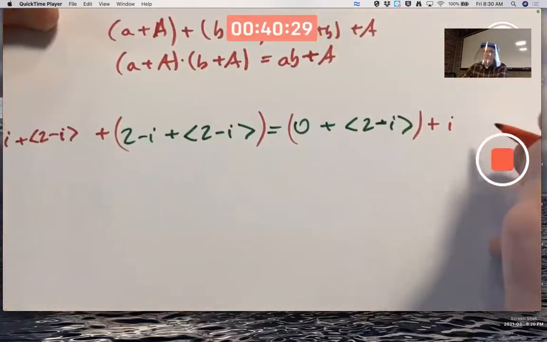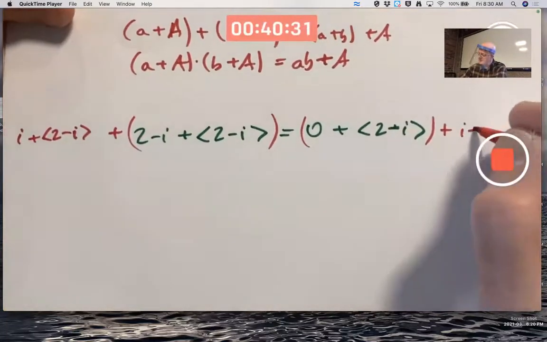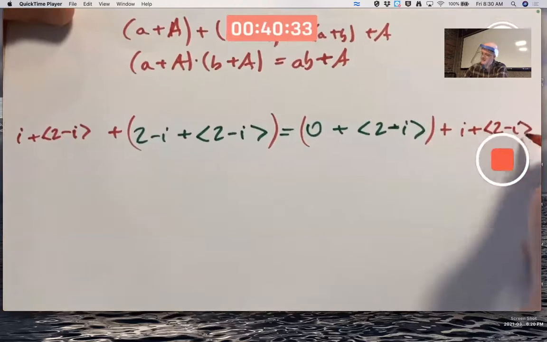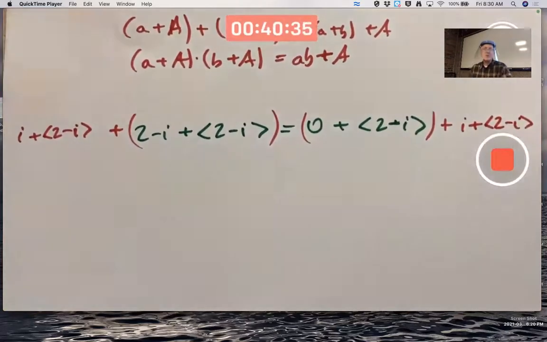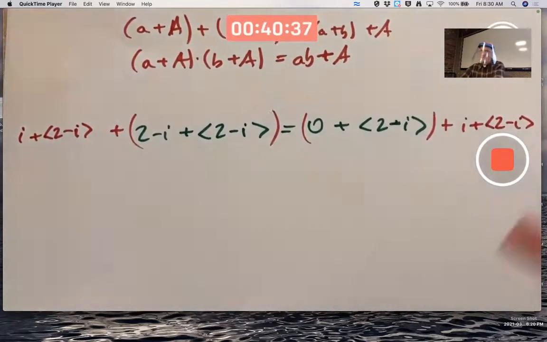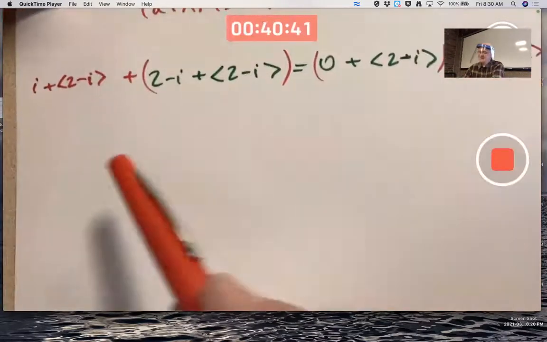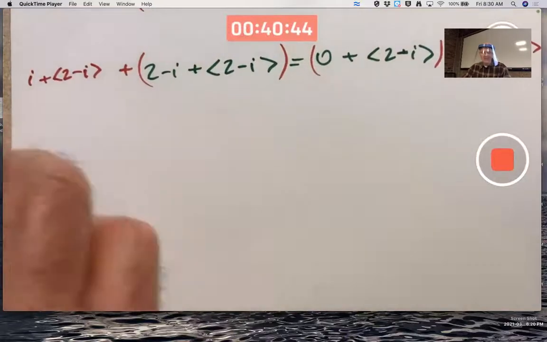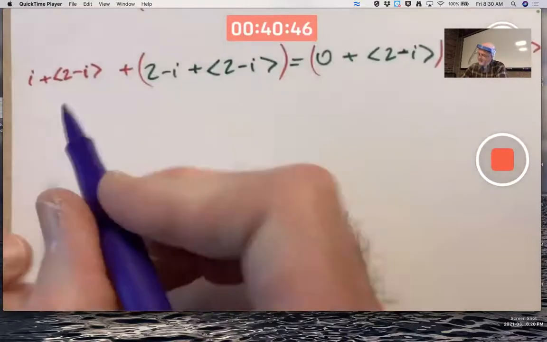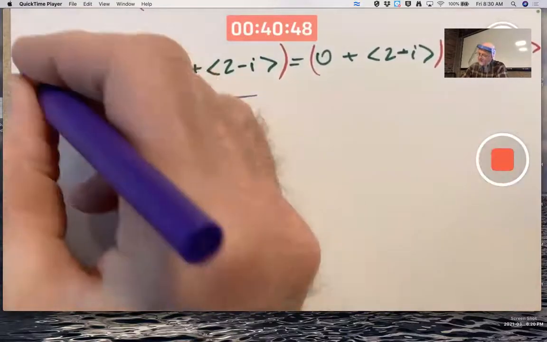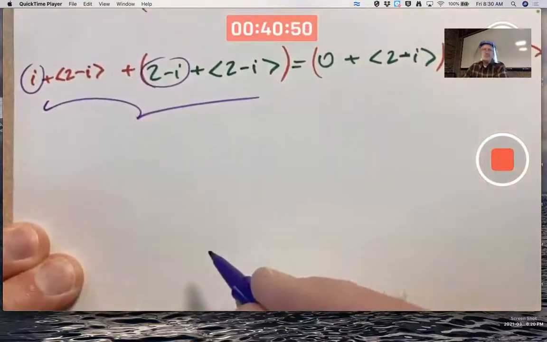And addition is commutative, so it doesn't matter which side I put these things on. And if I do that, remember how I add cosets, it's right up here. I add the representatives and I keep the ideal the same.